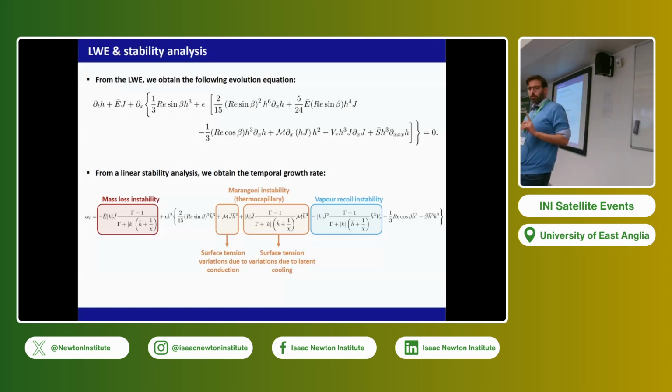But the Marangoni instability, thermocapillarity, is now divided in two terms. The first one is regulated by the surface tension variation due to conduction, this term here. And the other one is the surface tension variation due to latent heat cooling.